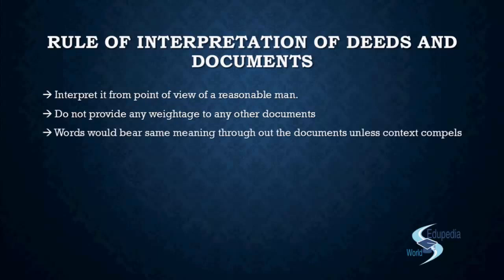Third point. Words would bear the same meaning throughout the document unless context compels. That means if I'm using any specific word in that deed, then that word is used in the direction of the deed, in the circumstance of the deed, in the scope of the deed. When we are talking about a deed in totality, we have a common scope and a common circumstance for the entire deed.